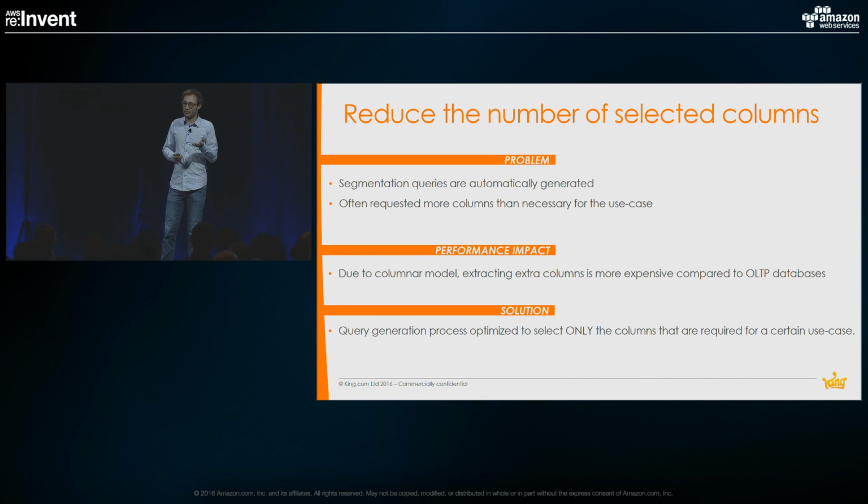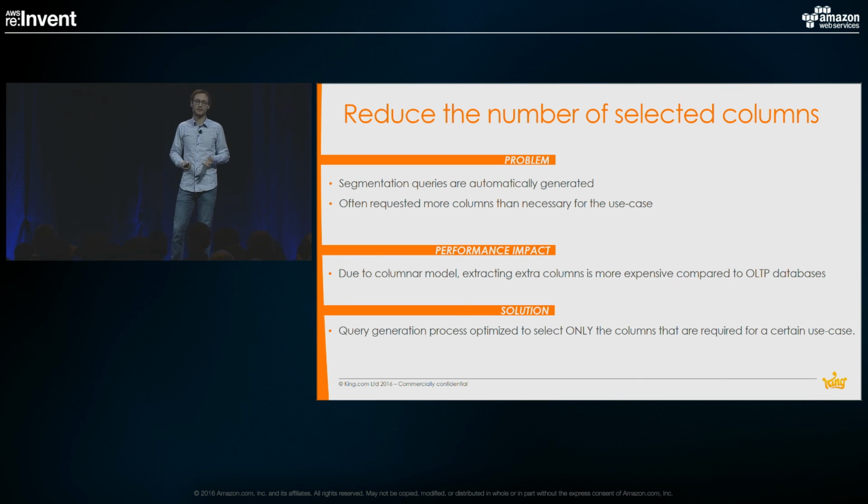What we have in our system, as I showed you with the user interface, is that the marketeers put the query in, and then we have a system that translates what the marketeers have put in into SQL statements to then return the data. And this was a legacy system which we initially wrote for Postgres. The system often selected more columns than were actually required.